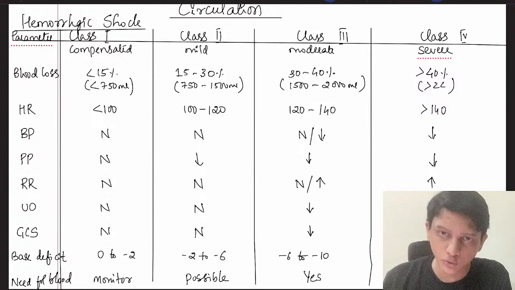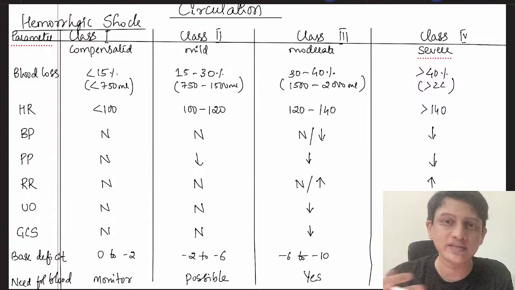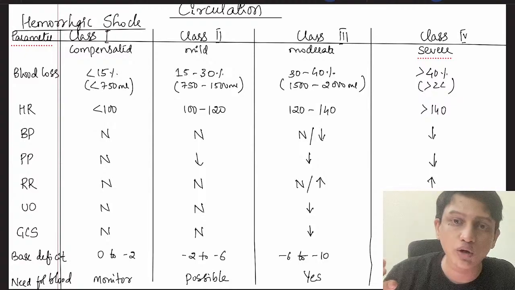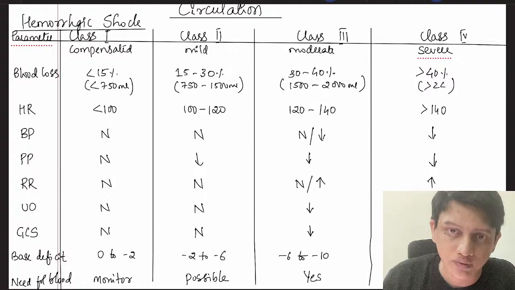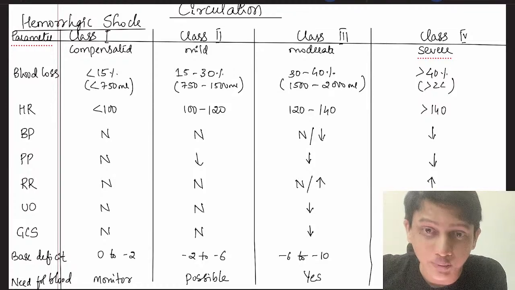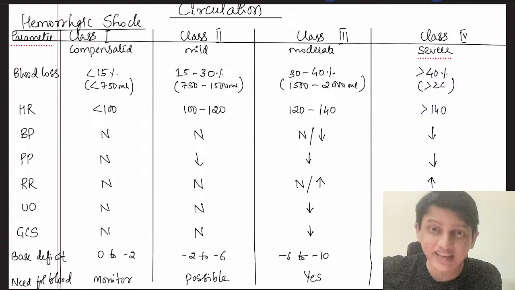When blood is getting lost, our body cells are not getting enough blood. No blood means no oxygen. No oxygen, but metabolism has to occur to survive, so the body goes into anaerobic metabolism. We all learnt this in 12th. Aerobic metabolism, anaerobic. The end product of anaerobic metabolism is lactic acid.